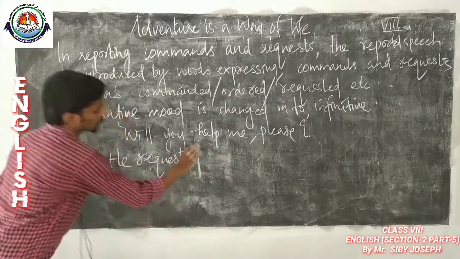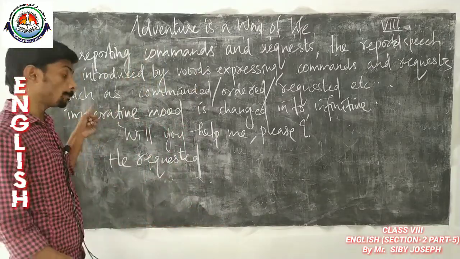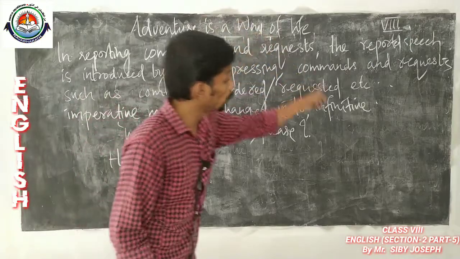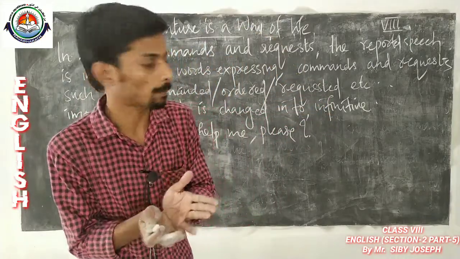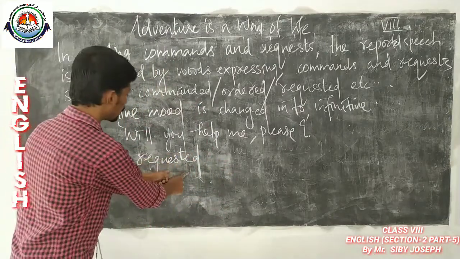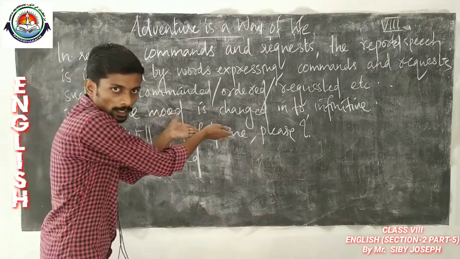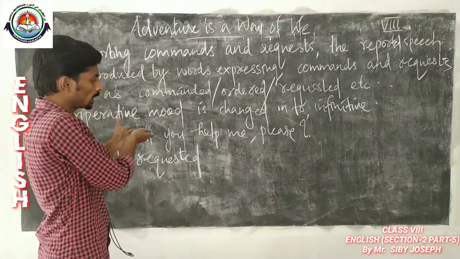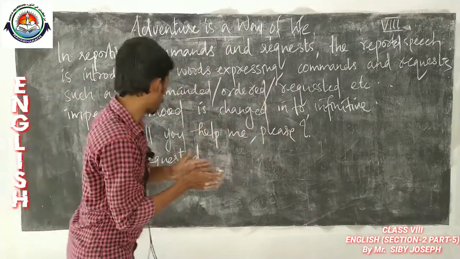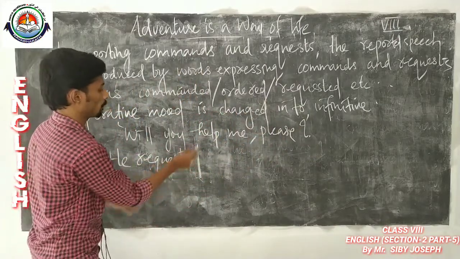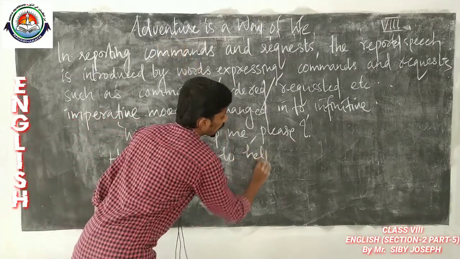He requested. "Will you help me?" is actually in imperative mood, and this will be changed into infinitive form. Infinitive form means "to" plus verb form. So this imperative mood will be cut, and we have to change it into infinitive mood. So, he requested to help.